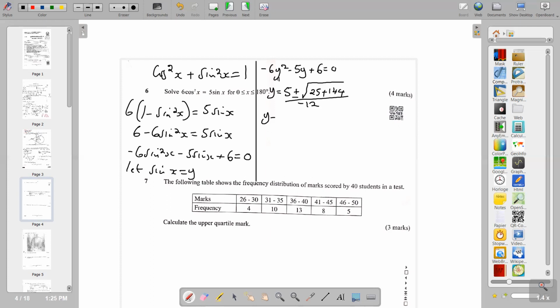We're going to have y is equals to 5 plus or minus, that is 13, over negative 12. So the first value of y is going to get 5 plus 13 divided by negative 12.